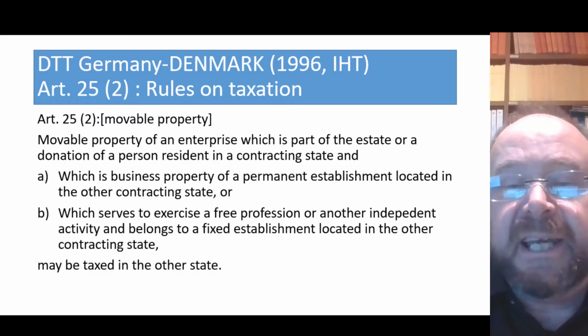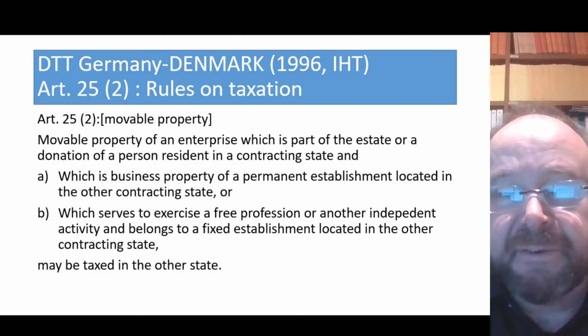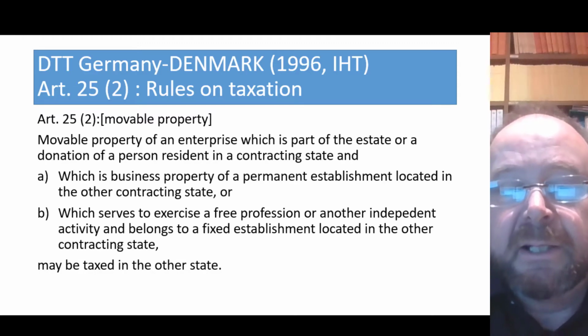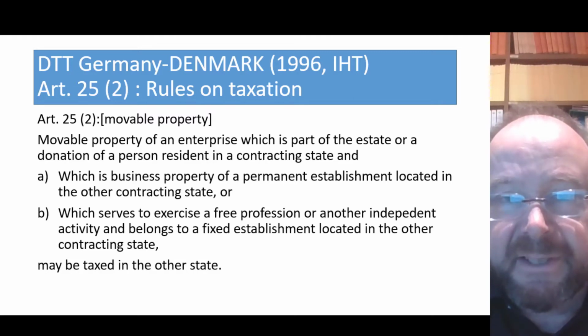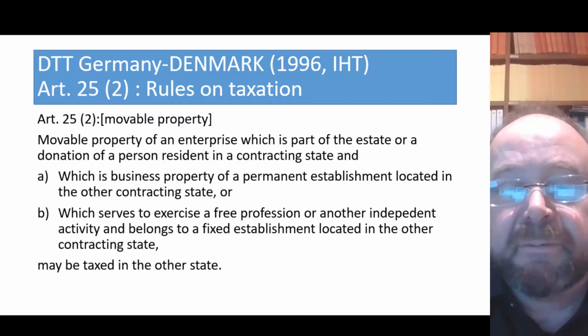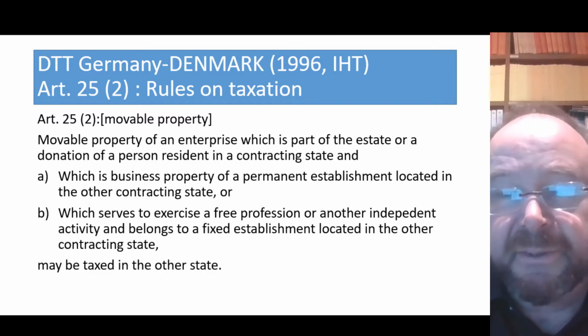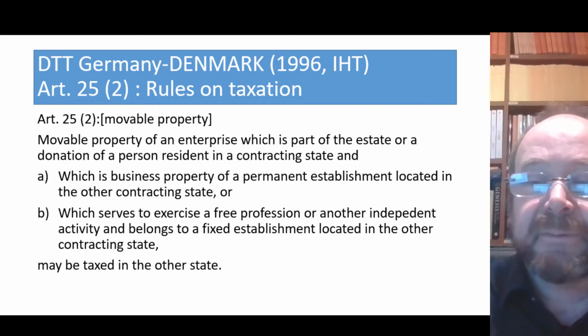Movable property of an enterprise, which is part of the estate, so of an inheritance or of a donation, can be taxed if there is a permanent establishment in the state. So a permanent establishment also has a clear source state under these rules.